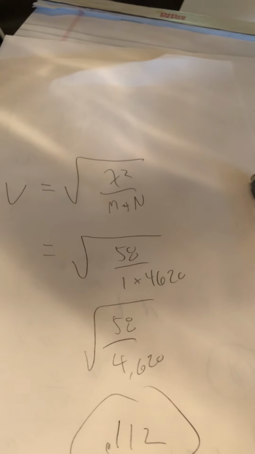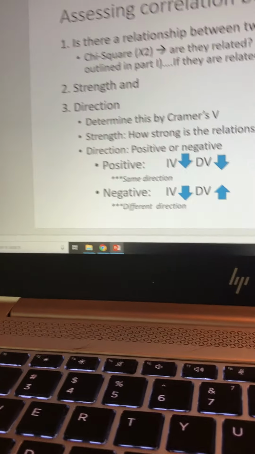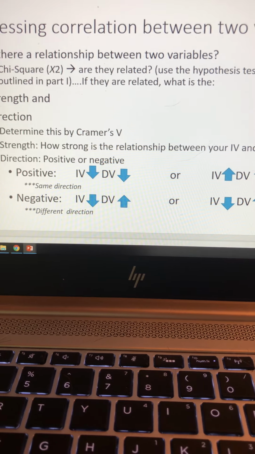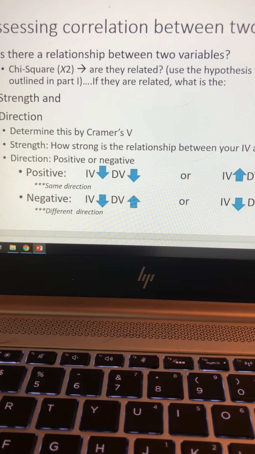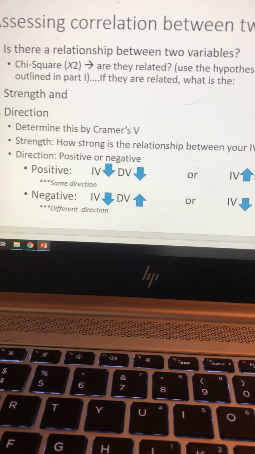So the question is, how strong or weak or whatever is that? Well, here's your little guide. So this last slide kind of sums everything up. So, is there a relationship? That's where you use the chi-squared calculated test statistic compared to the critical value. It tells me if it's related or not.